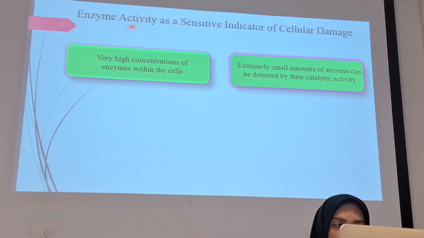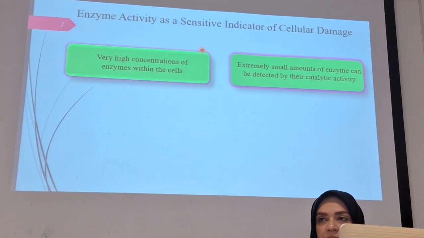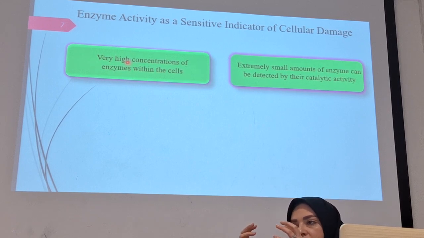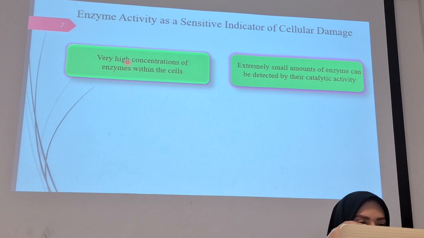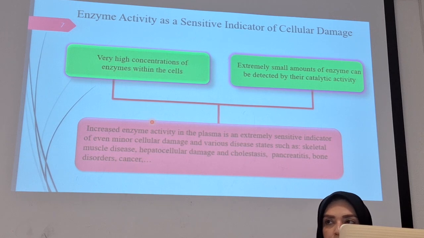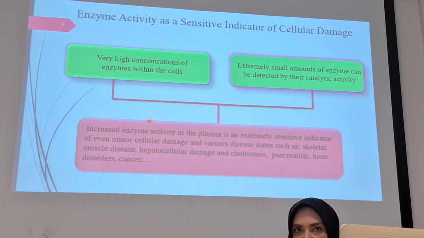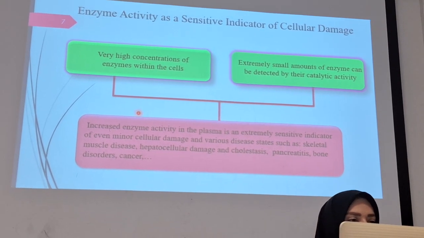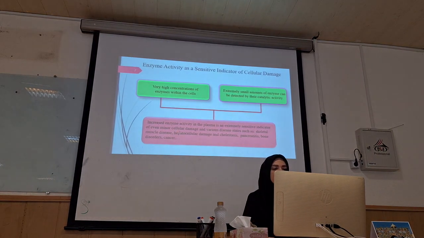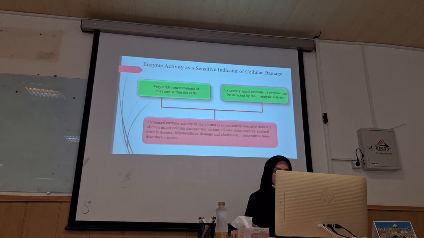As I mentioned, enzyme activities are very sensitive indicators of cellular damage. Because a very high concentration of enzyme is located inside the cells, and an extremely small amount of enzyme can be detected by its catalytic activity. So whenever you take blood from your patient and find increased activity of, for example, alkaline phosphatase or acid phosphatase in the plasma, it is a sensitive indicator.